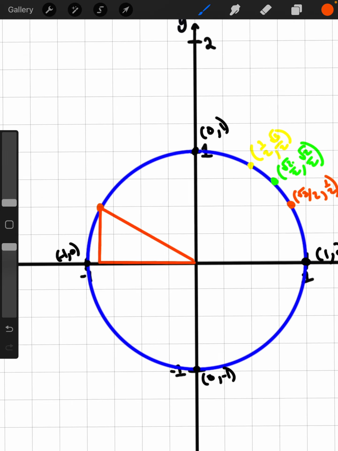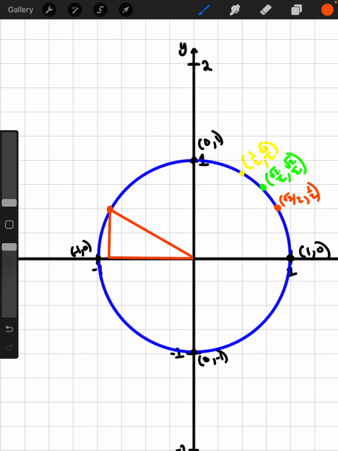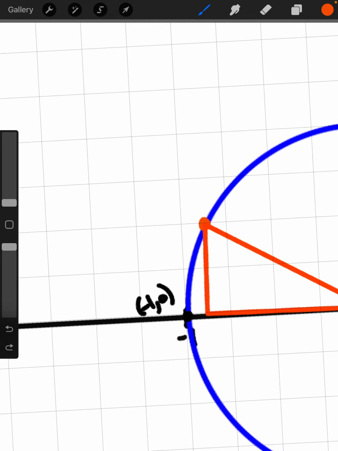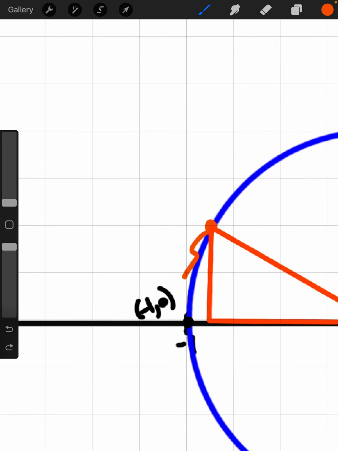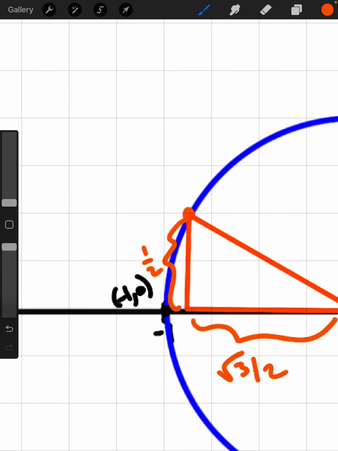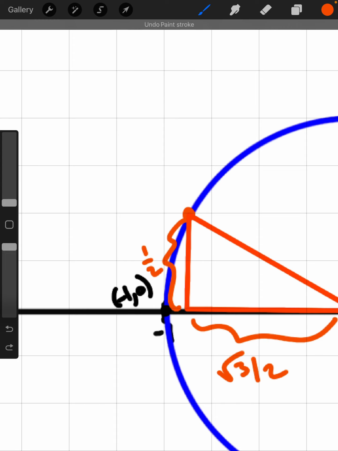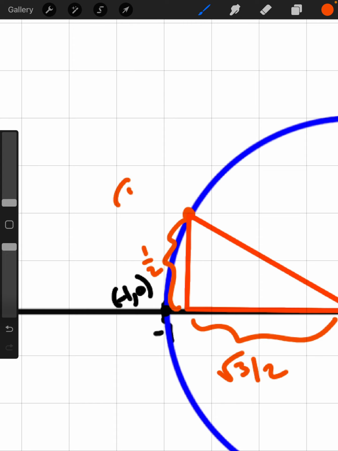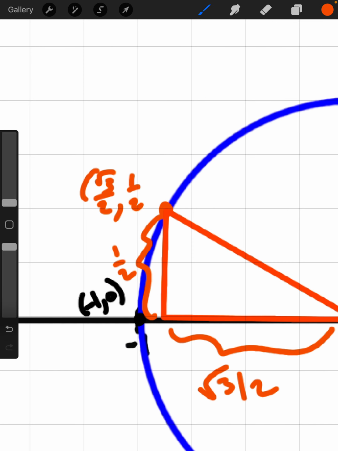So for this point over here on this side of the unit circle, I have the same triangle that I had over here for my first point. So this short leg over here is still 1/2. This long leg is still square root 3 over 2. So my x-coordinate for this point is square root 3 over 2 coming from the long side, and my y-coordinate is still 1/2.